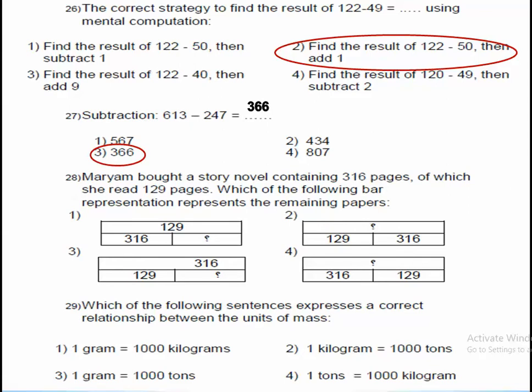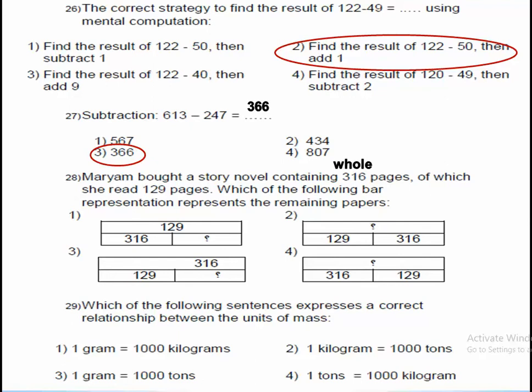Mariam bought a story novel containing 316 pages, of which she read 129 pages. Which of the following bar models represents the remaining pages? Okay, here we have 316 as the whole.